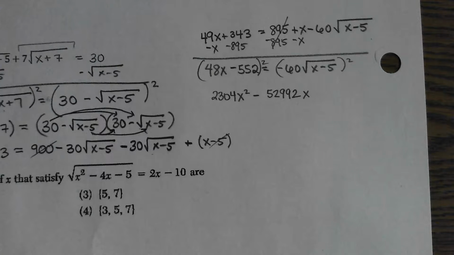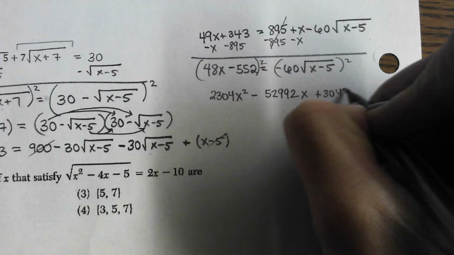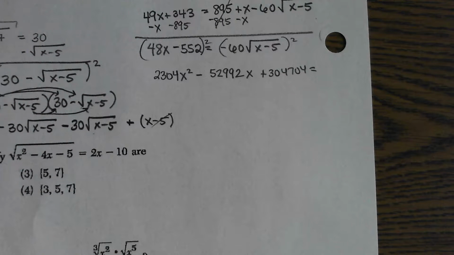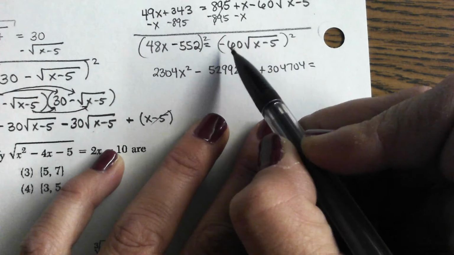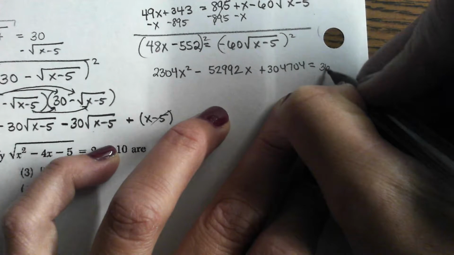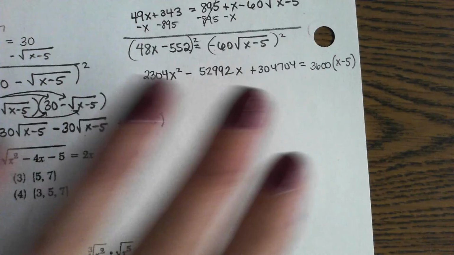And then 552 times 552 is plus 304704. Gosh. We're going to cheat with this quadratic because no one's factoring that. And then on the right side, a negative squared is going to become a positive. A 60 squared is going to become a 3600. And then the radical is just going to cancel.